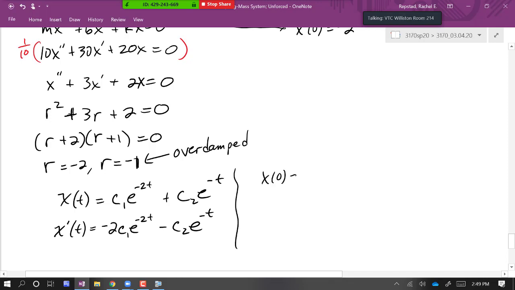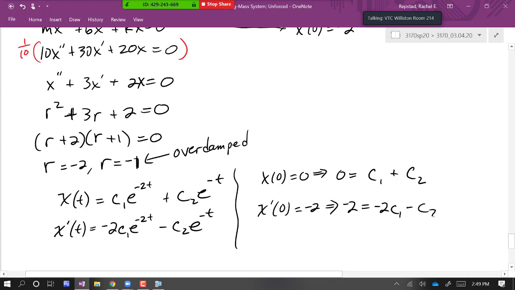x of 0 is 0. So that means 0 is equal to c1 plus c2. And x prime of 0 is negative 2. So negative 2 is equal to negative 2c1 minus c2.